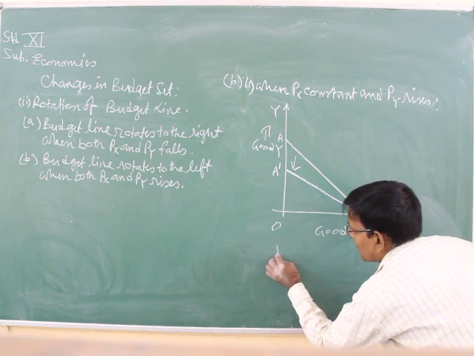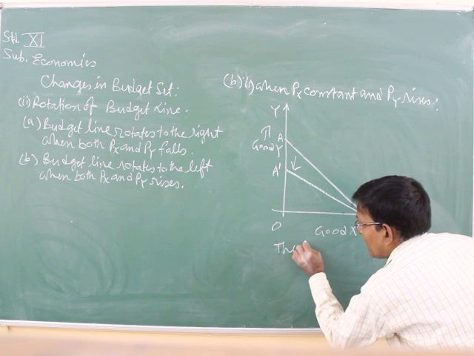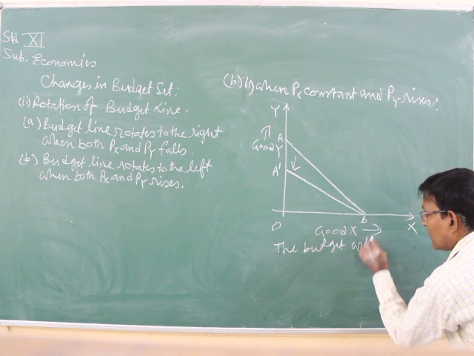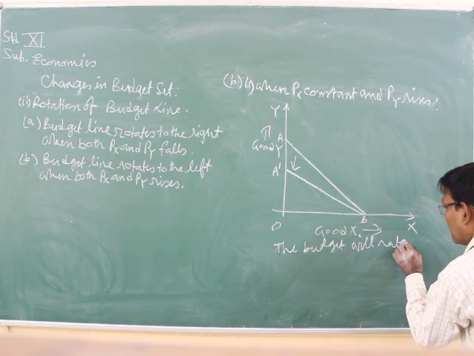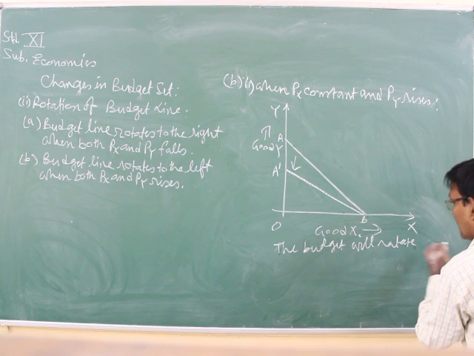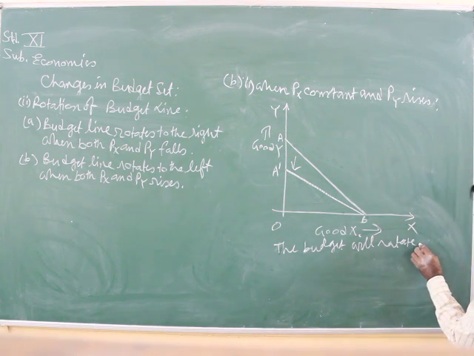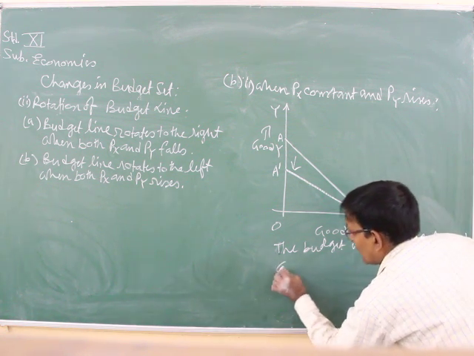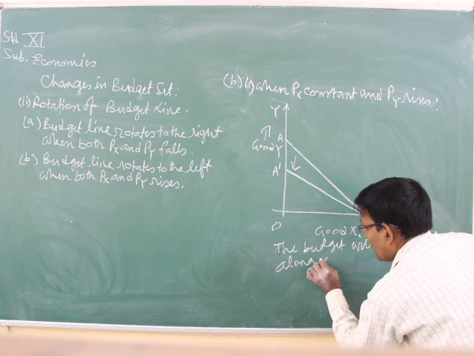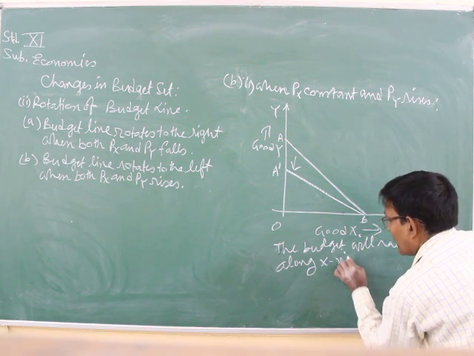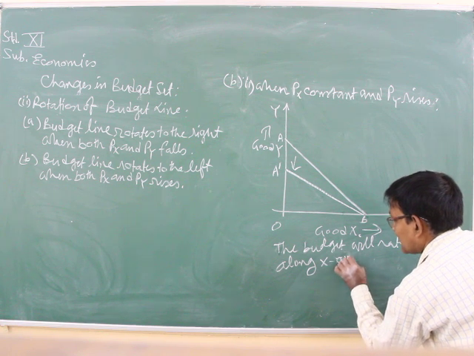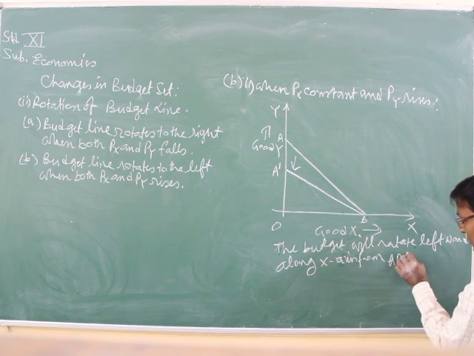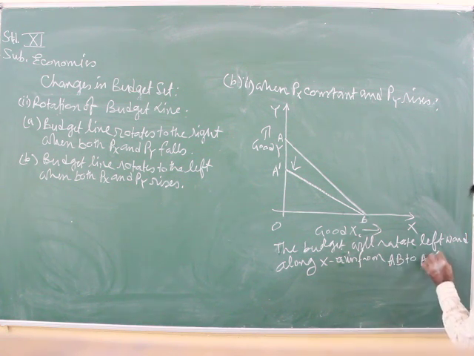What should we write? The budget line will rotate leftward along x-axis from AB to AB dash.